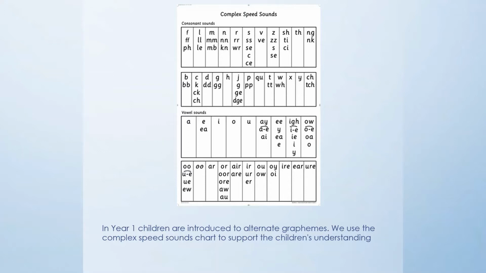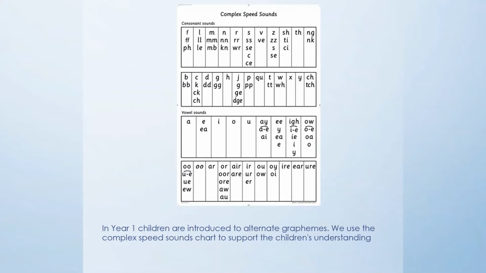Then set 3 sounds, we start to look at how some sounds are the same sound, but they are spelt differently. So we use our complex speed sound chart to help us with that. So here we can see the a sound, ay.